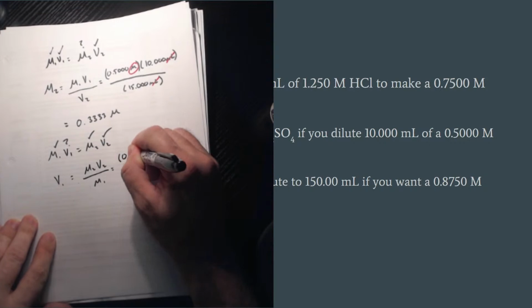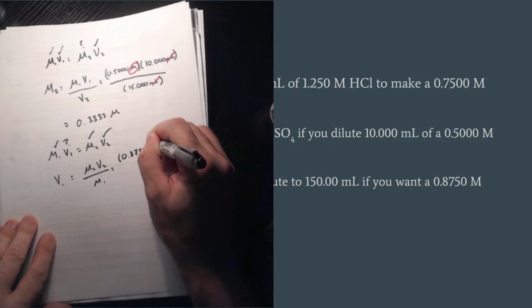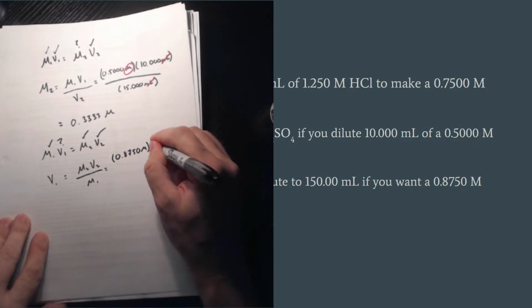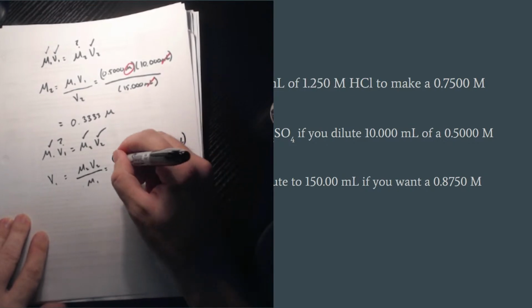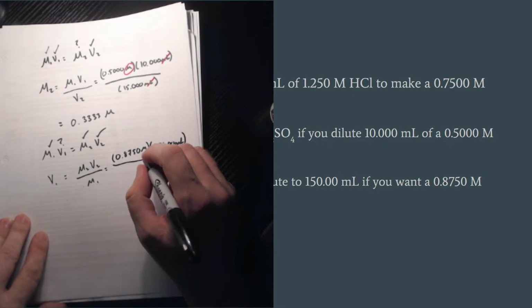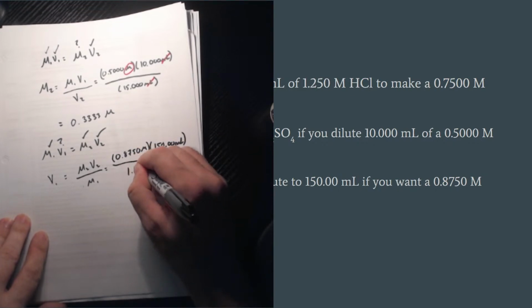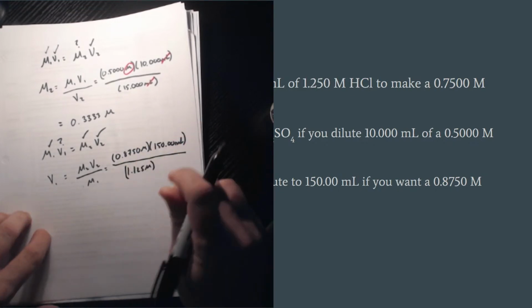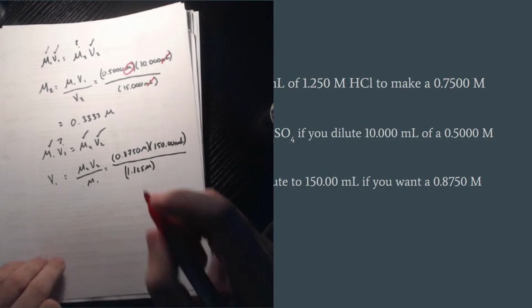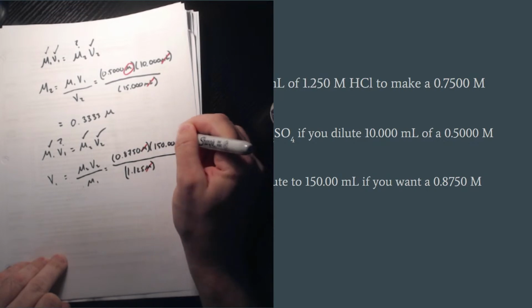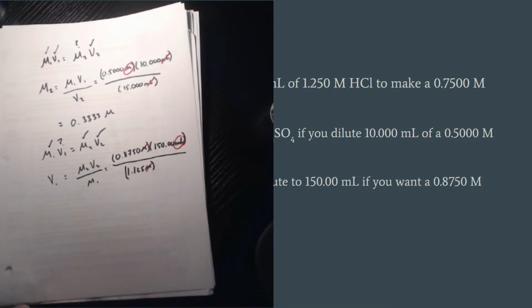So we're going to end at 0.8750 molar. We want 150 mL of that solution. And we're starting with a 1.125 molar solution. Once again, we don't need to worry too much about our units because molarity cancels out, leaving us with mL.